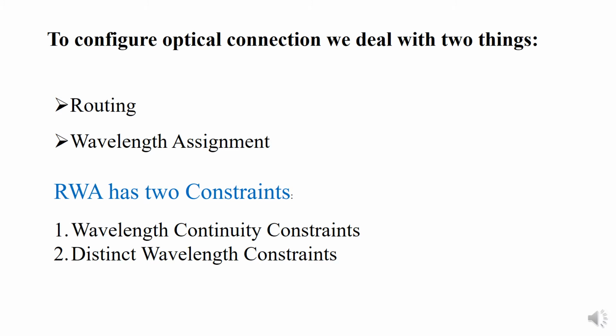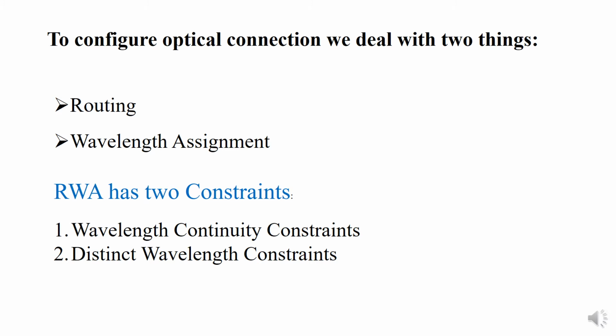So we need to deal with two things to establish or configure an optical connection. First is routing, which means selecting a suitable path, and wavelength assignment, that is allocating an available wavelength for the connection. For any optical connection, RWA has two constraints.